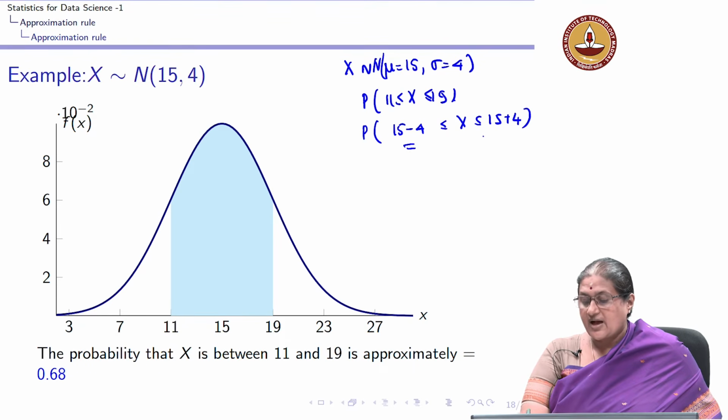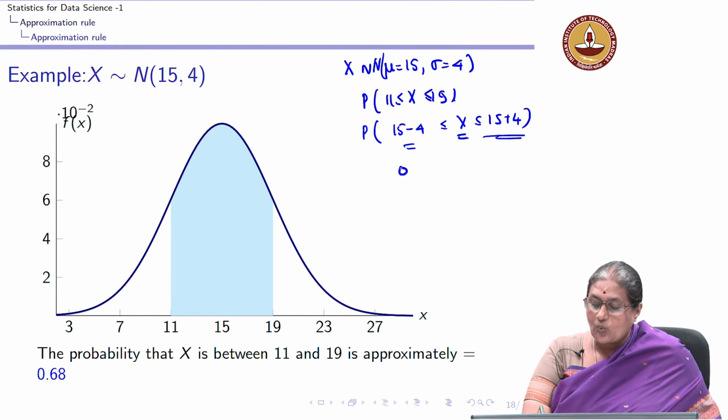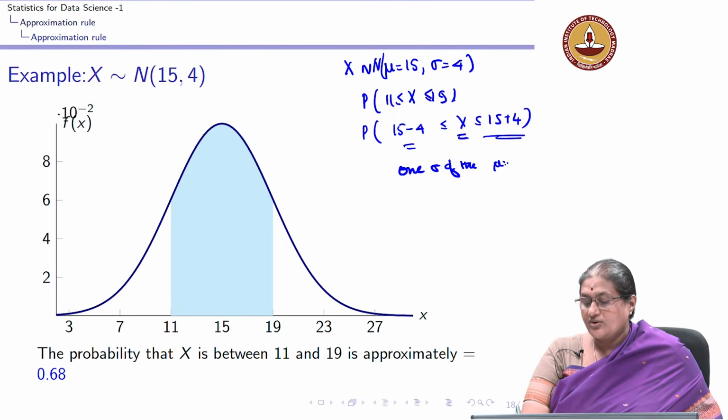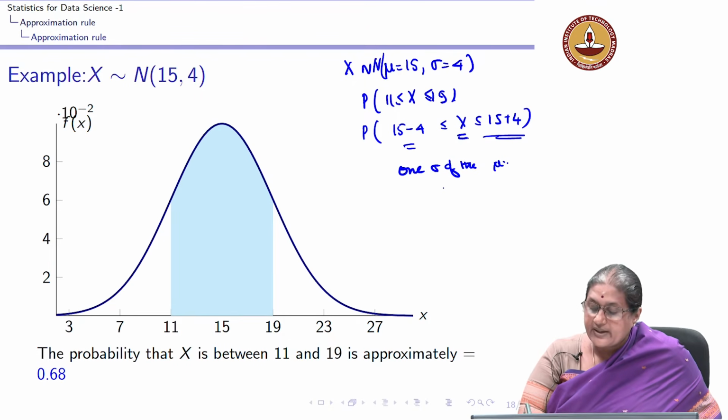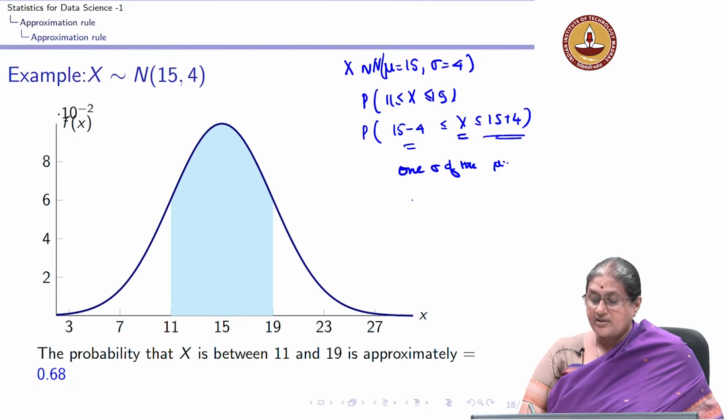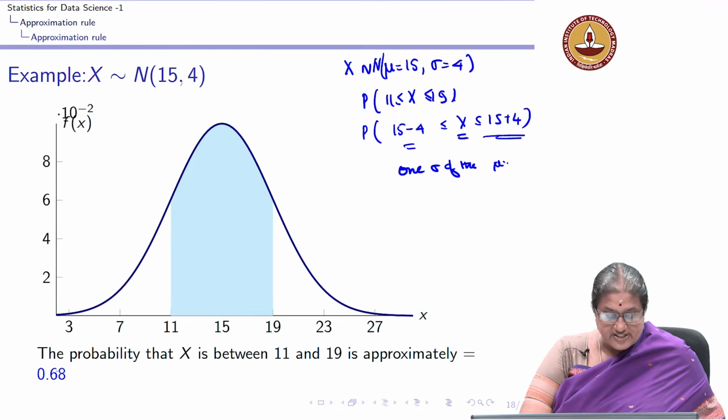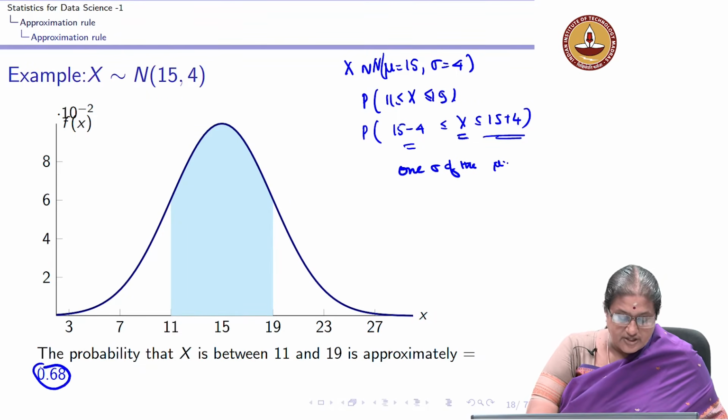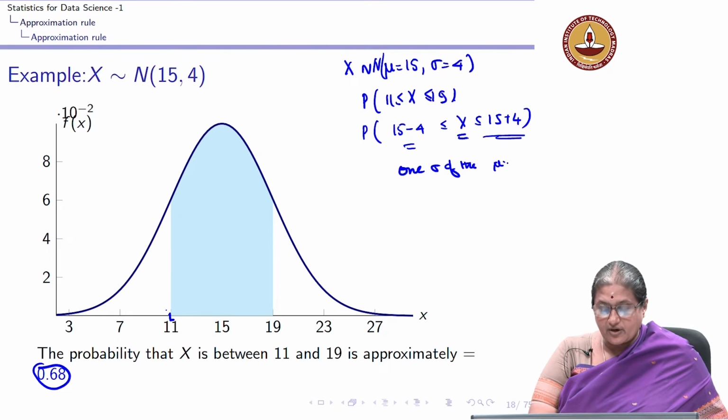So the question we are asking is what is the chance x lies within 1 sigma of the mean, and applying the approximation rule, I know 68% or 0.68 is the probability from mu minus sigma to mu plus sigma.